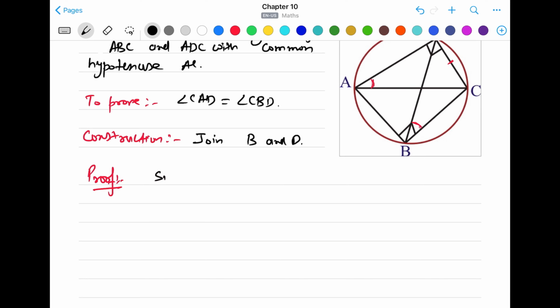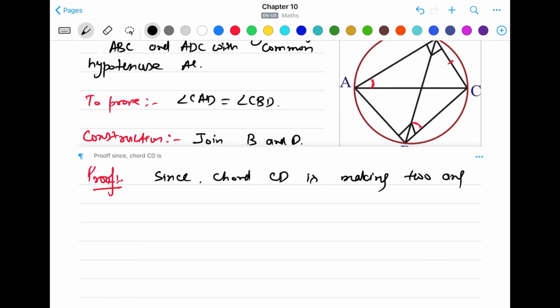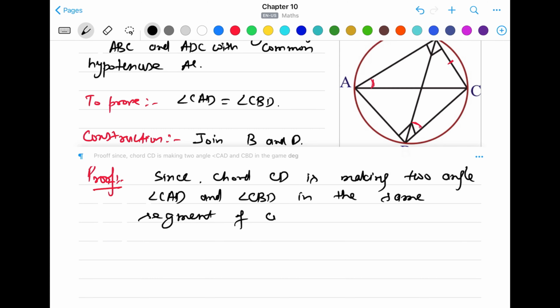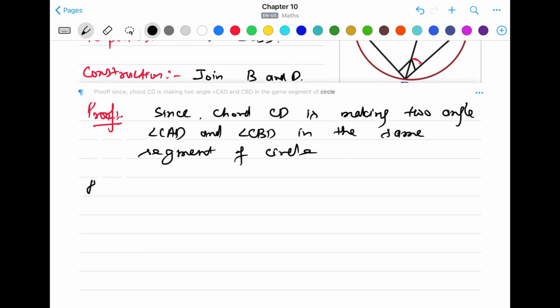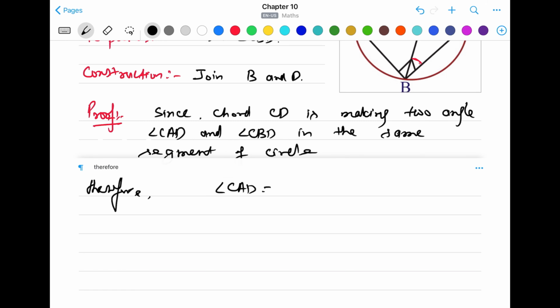Okay, so we'll write: since chord CD is making two angles, that is angle CAD and angle CBD, in the same segment of the circle, therefore these two angles will be equal because they are angles in the same segment.